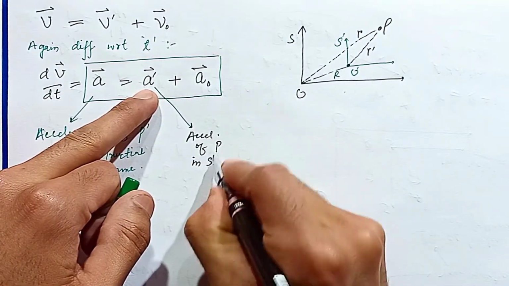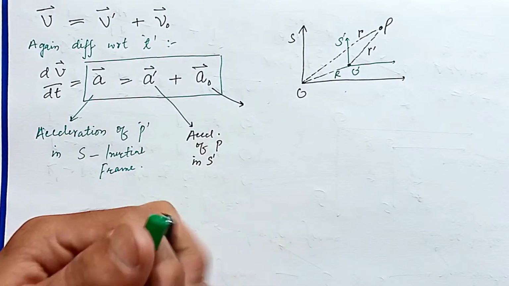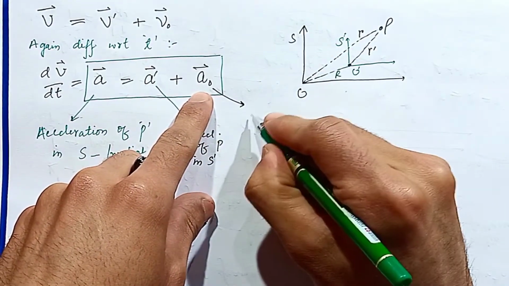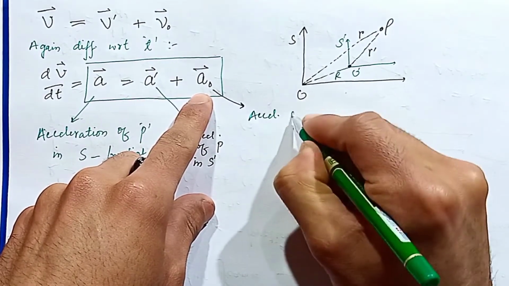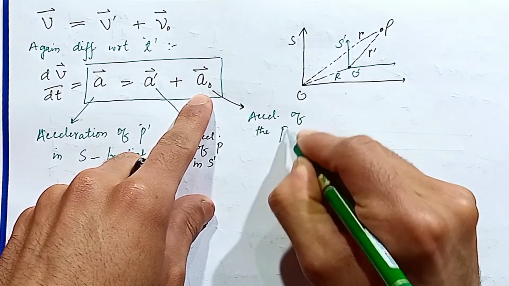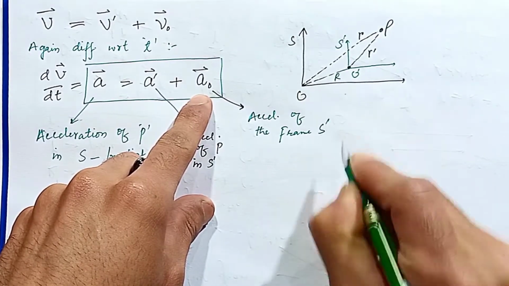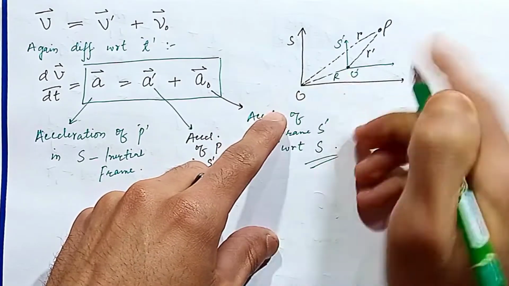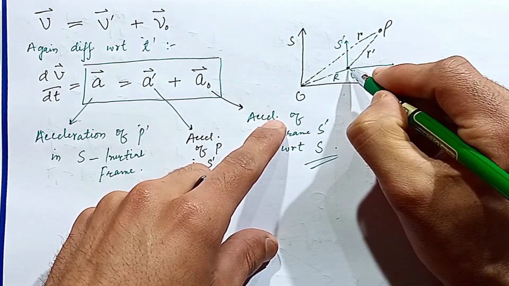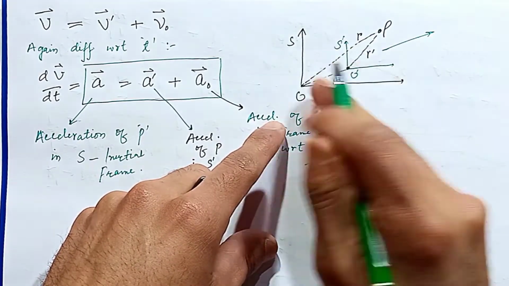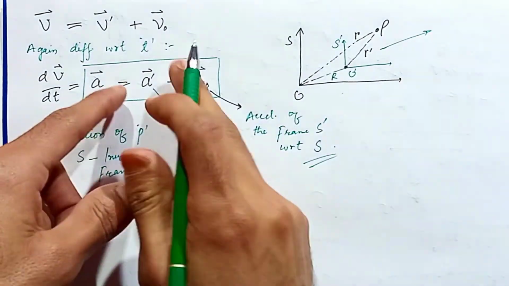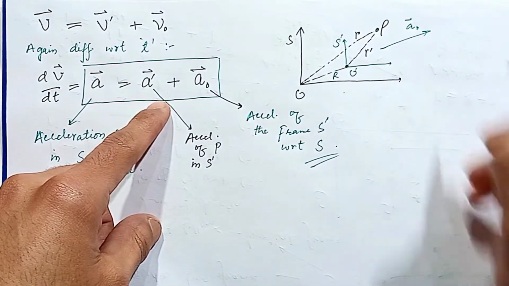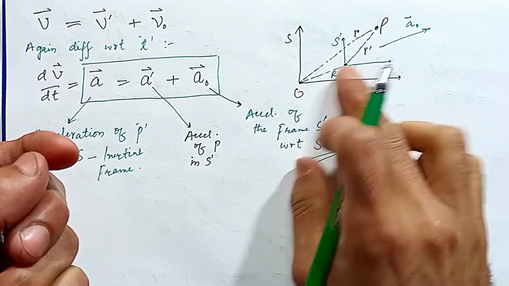And this a naught is the acceleration of the frame of reference S prime with respect to S, because this frame of reference is moving with respect to origin O with some acceleration a naught.